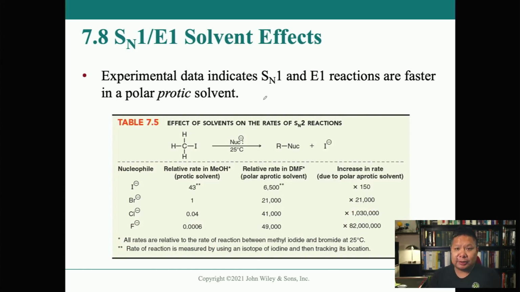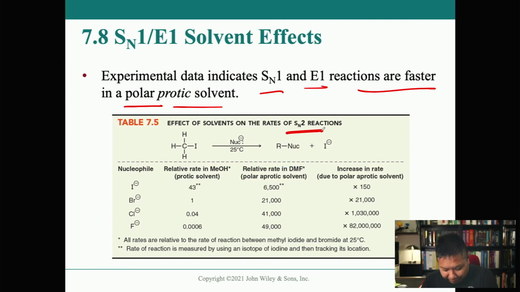Well, let's look at some experimental data first. It turns out that experimental data indicates that SN1 and E1 reactions are much faster in a polar protic solvent, which is contrary to SN2 reactions. In an SN2 reaction, in a polar protic solvent the rate is 43, but in a polar aprotic solvent the rate is 6,500, for iodide.